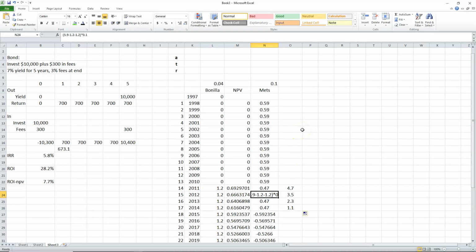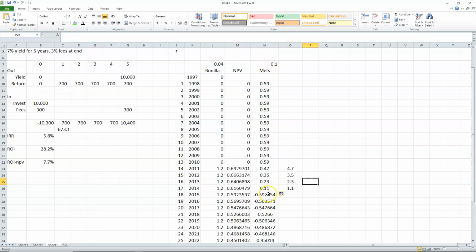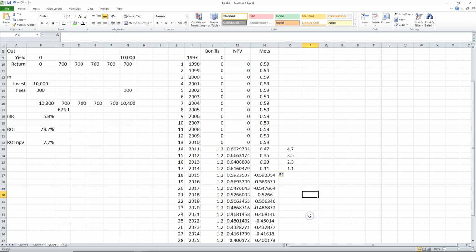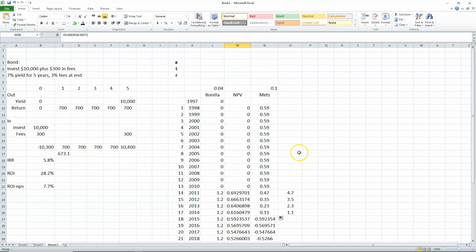And the amount of money that the Mets are making is equal to, let's see, 24 times 0.1. So through all this time, the Mets are actually making money on the deal, and then they're paying out. And so when I sum all this up, I will leave the rest to you. I won't give you the total answer, but now you have an idea of how to do this Bobby Bonilla problem.